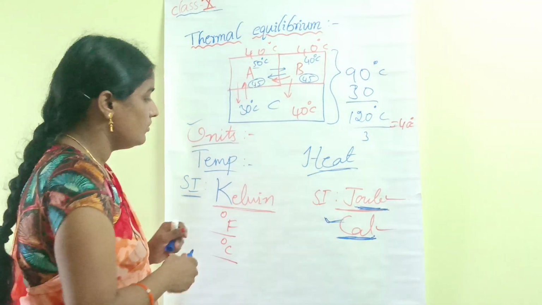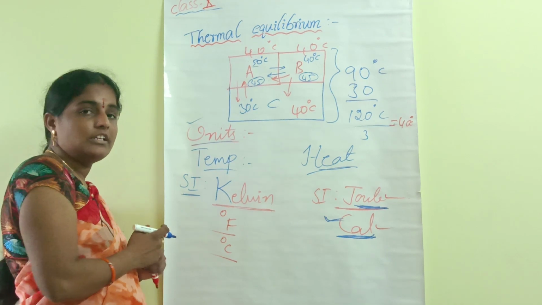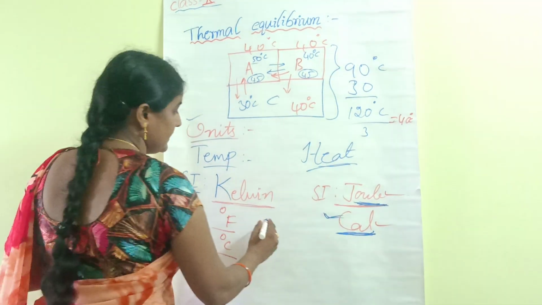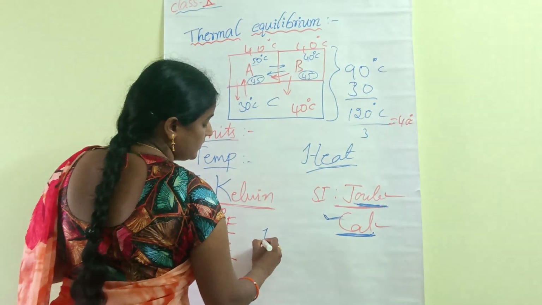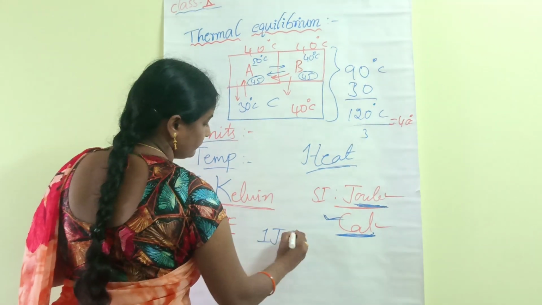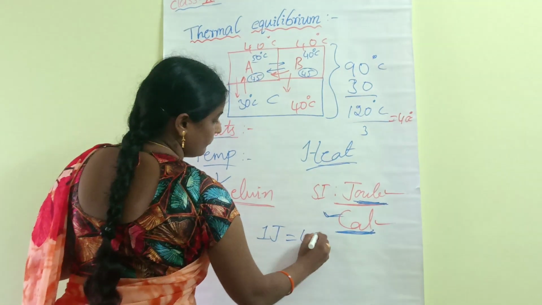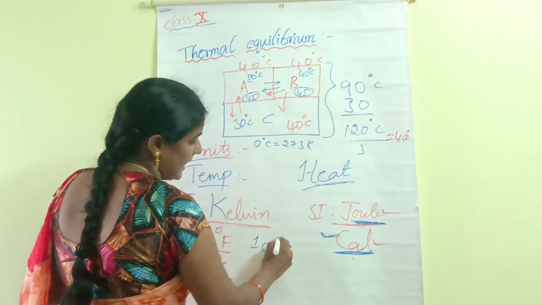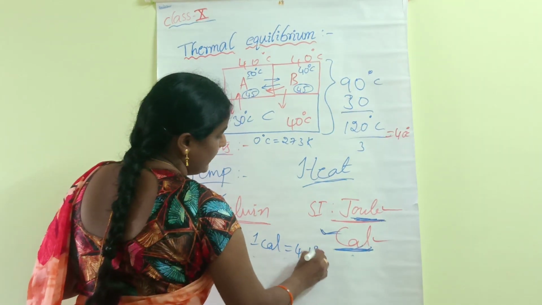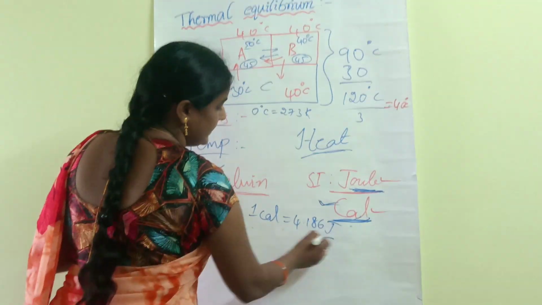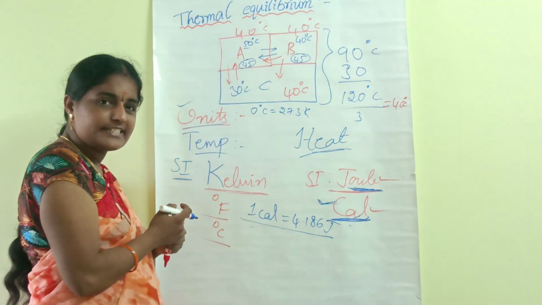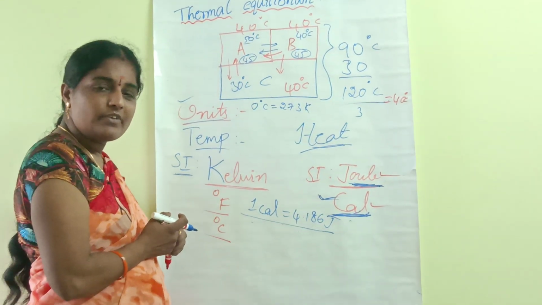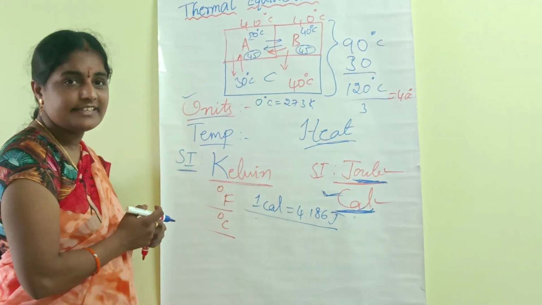Now along with this there is a small relation. 1 calorie is equal to 4.186 joule. See how we write in units of length, 1 meter is equal to 100 centimeters.